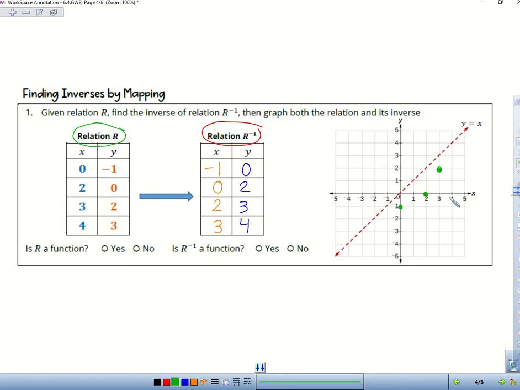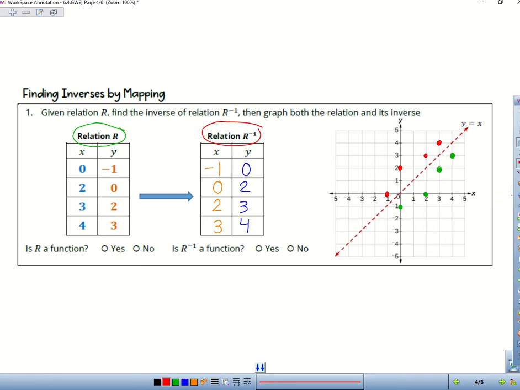And we have 4, 3. All right. So now we're going to go ahead and graph the inverse relation. So that's negative 1, 0, 0, 2, 2, 3, and 3, 4.